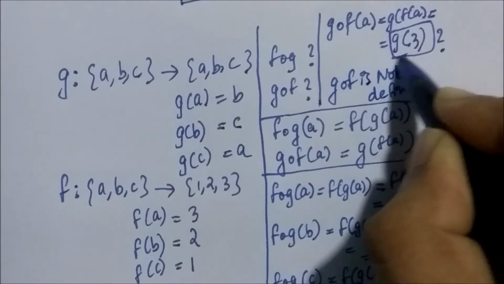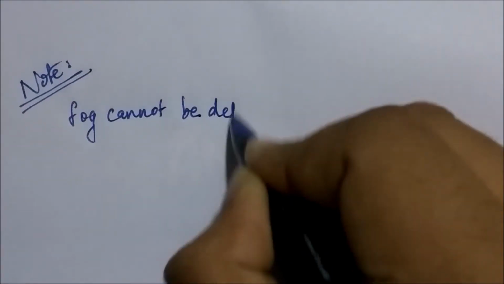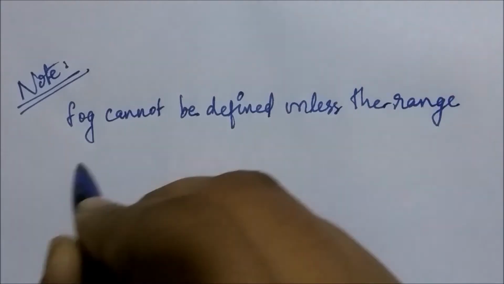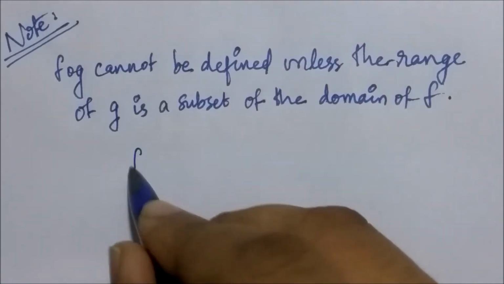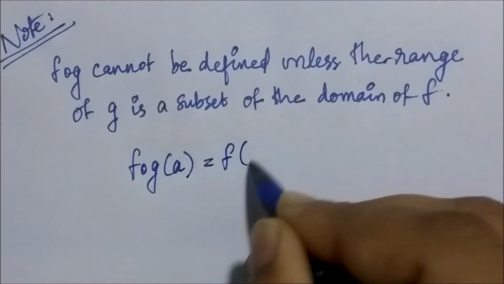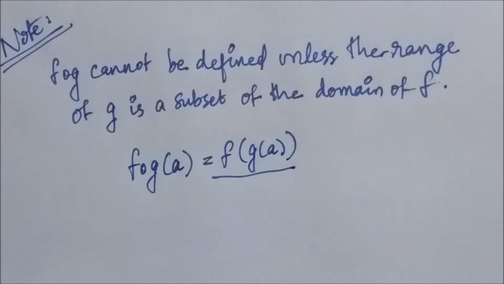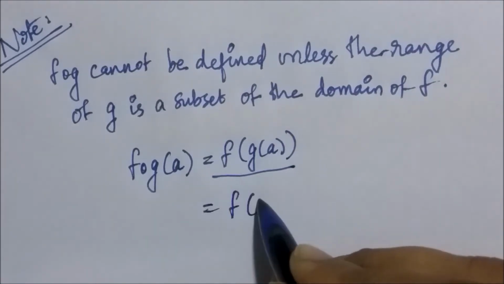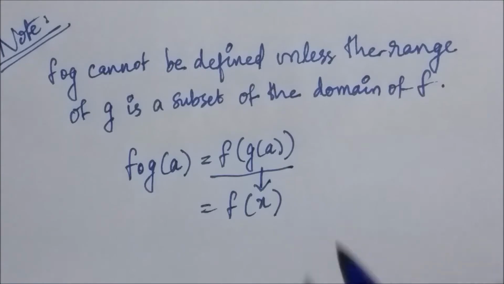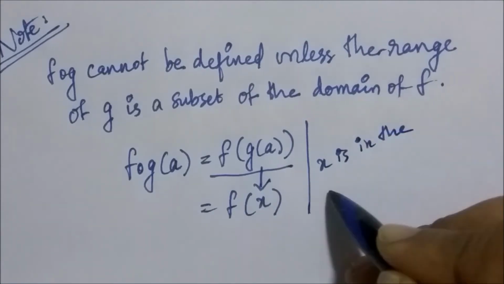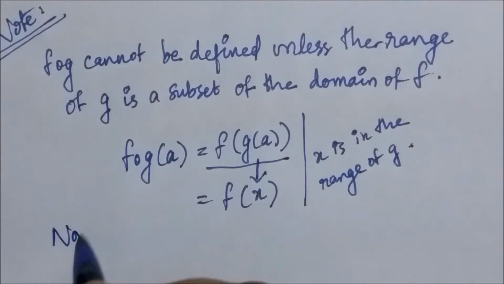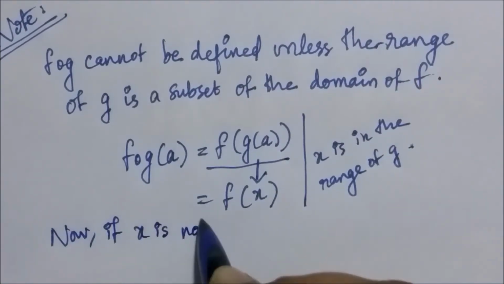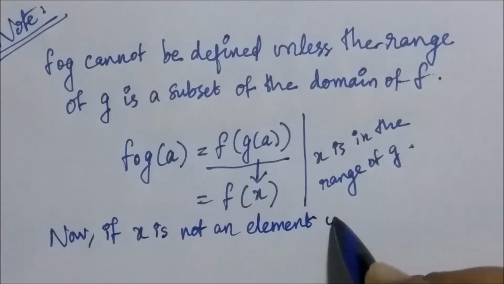So generally we have to note that F composition G cannot be defined unless the range of G is a subset of the domain of F. We know that F composition G of a equal to F of G of a, right? Now G of a, let it be an element x, meaning that x is in the range of the function G. Now F composition G of a is nothing but F of x here.